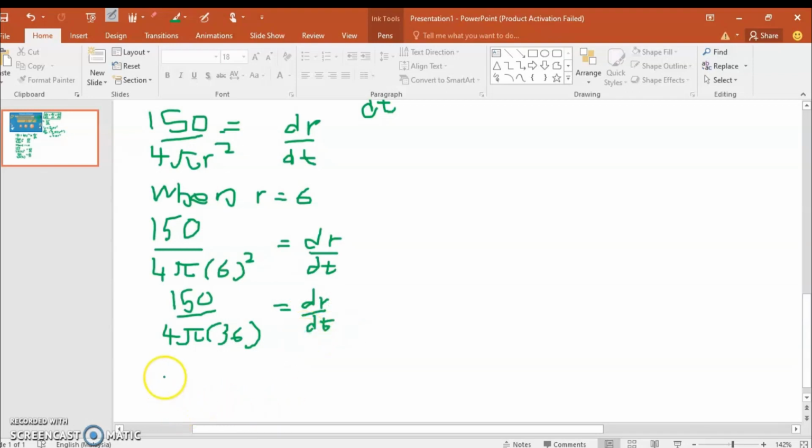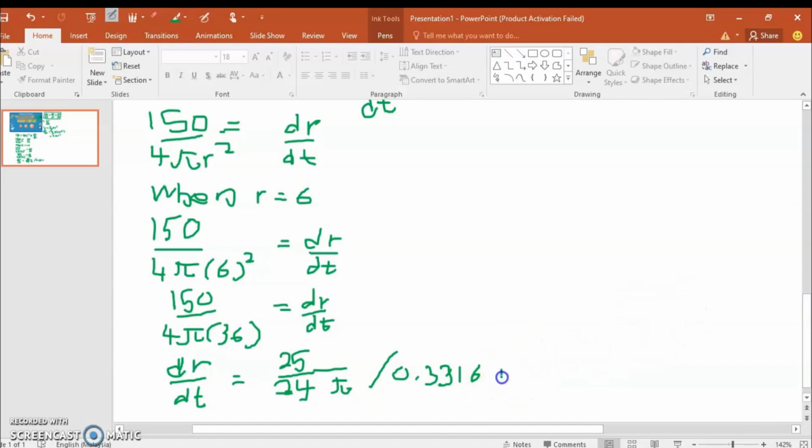Okay, continue the operation and you can get dr/dt equals 25 over 24 pi, or the other answer is 0.3316.